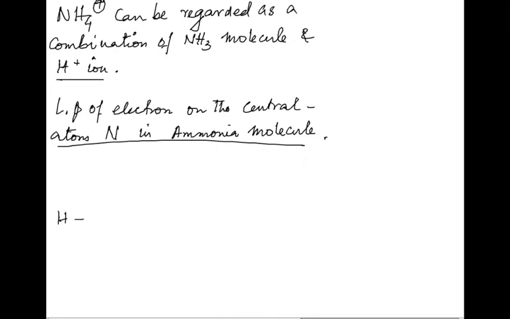You have 3 covalent bonds of nitrogen with 3 hydrogens. There is a lone pair on the central atom nitrogen.